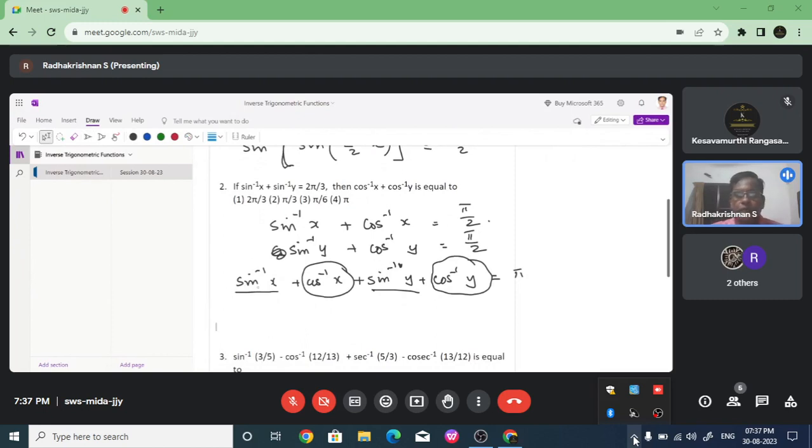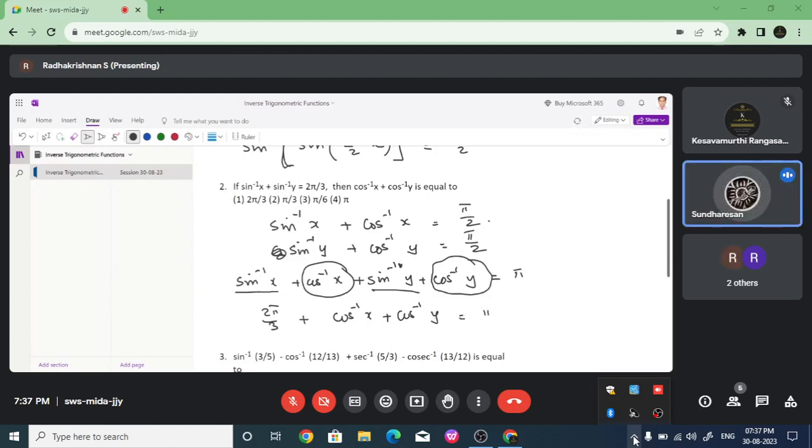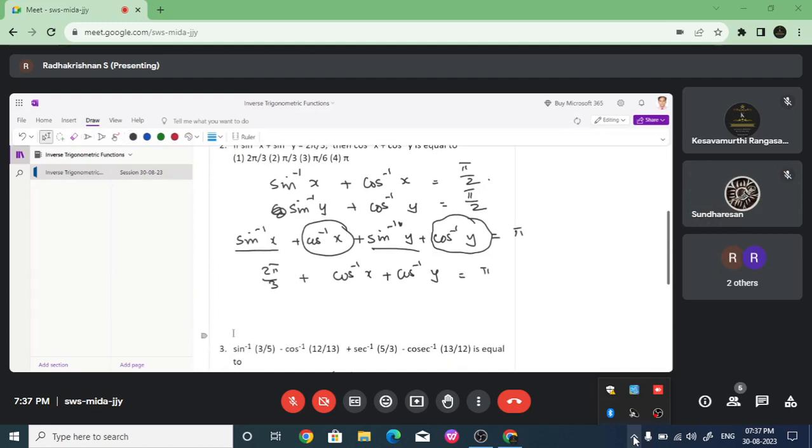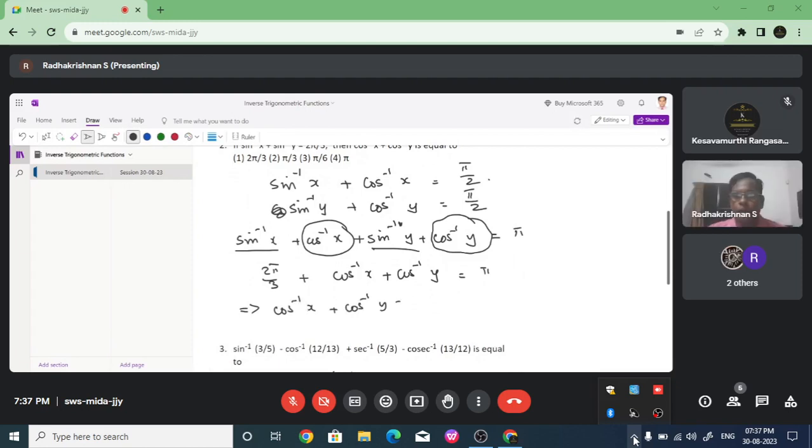So you simply group it like that: sine inverse x plus sine inverse y, for which we can put the value 2 pi by 3, plus. Sir, pi by 3, sir. Pi by 3, which is your option 2.